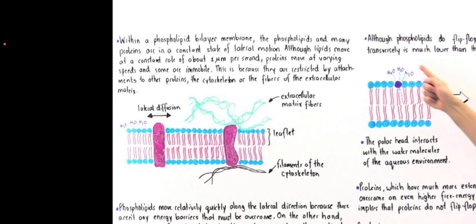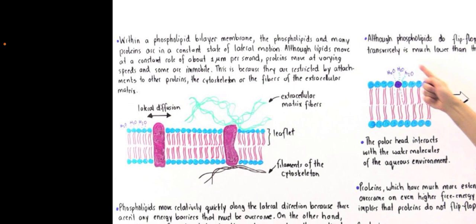Although lipids move at a constant rate of about 1 micrometer per second, proteins move at varying speeds, and some are immobile. Not all proteins can move. This is because they are restricted by attachments to other proteins, and they are also part of the extracellular matrix. So that continues in the membranal structure of the plasma membrane.